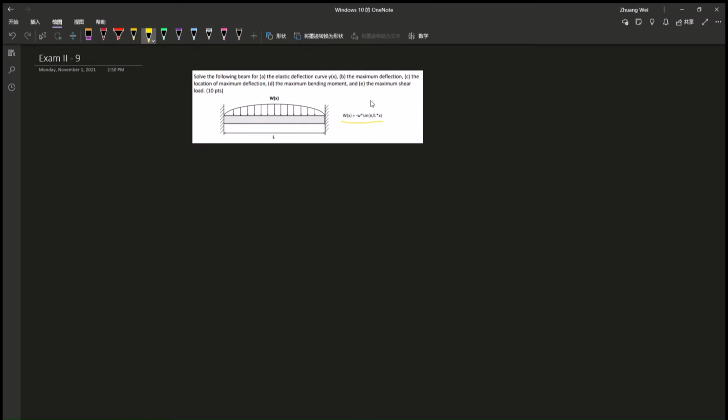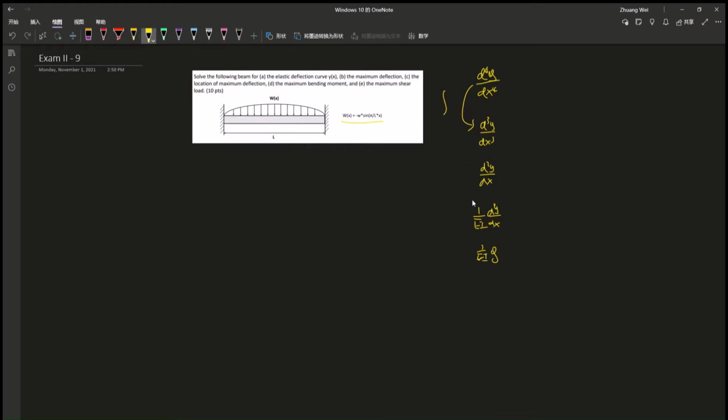And to get to y(x), I think you should know the relationship here, right? d^4y/dx^4, you take the integration again, which is d^3y/dx^3, and then d^2y/dx^2, and then now it's 1 over EI, dy/dx, and then y, and then EI.